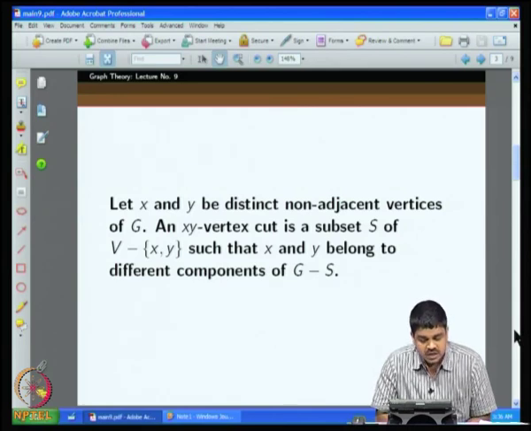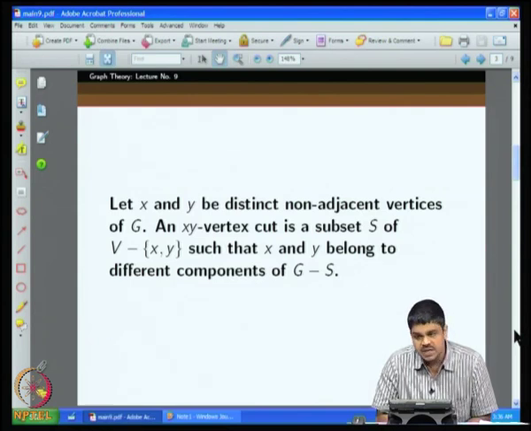So, here in the graph I pick up two vertices with the condition that they are non-adjacent, there is no edge between them. Now, you try to disconnect x from y in the graph by removing some vertices other than x and y, and make sure that in the remaining graph there is no path from x to y anymore.